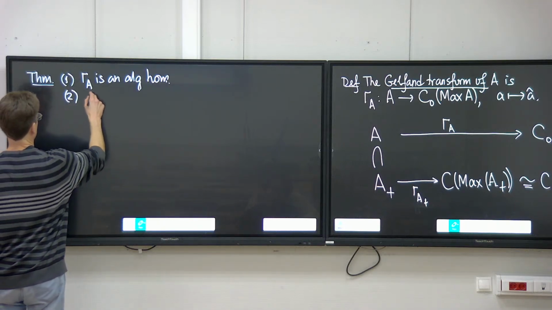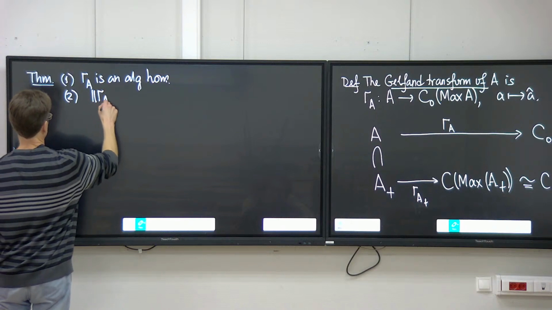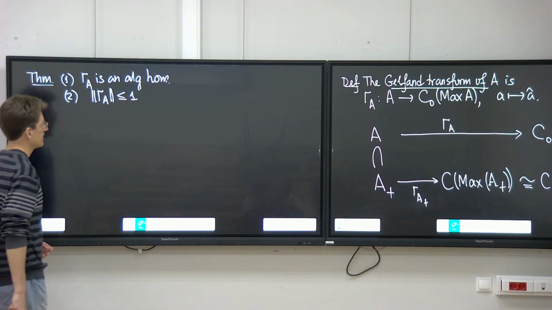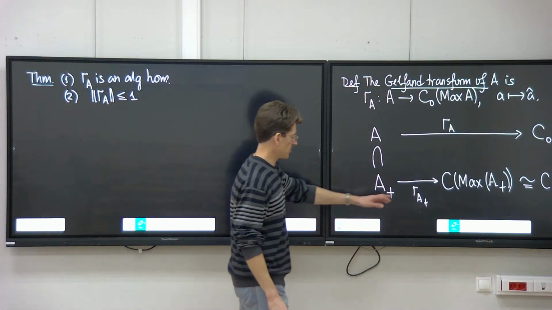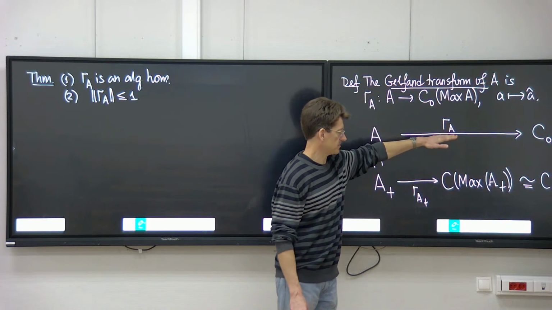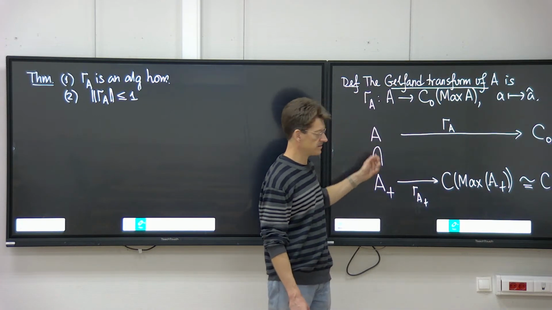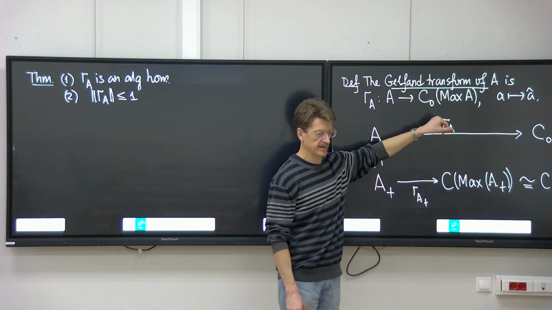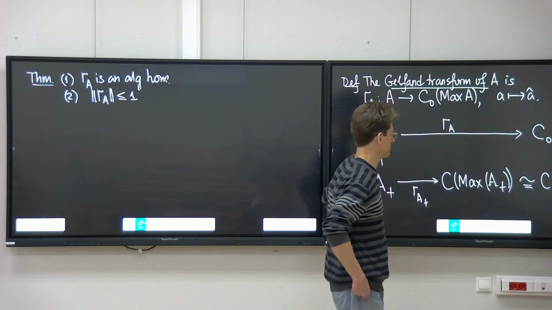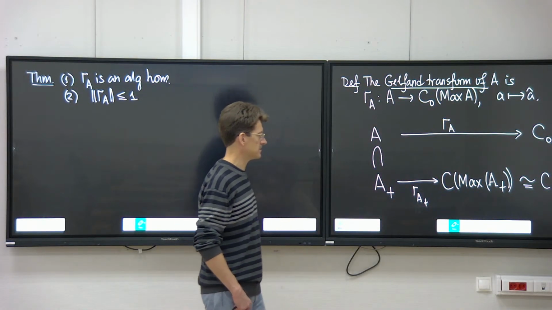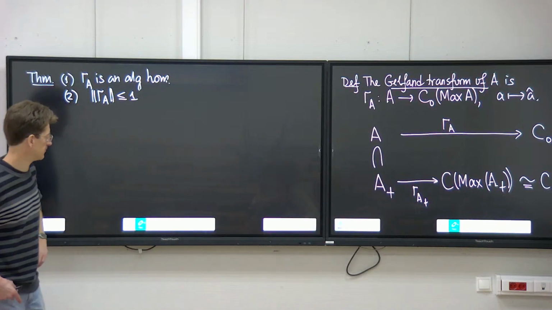Second, the norm of the Gelfand transform of A is less than or equal to 1. Well, indeed, the norm of gamma A plus is exactly 1, and this is the restriction of this map to A. Well, in general, I don't claim that the norm of this restriction is exactly 1. We can produce examples where it is strictly less than 1. But in any case, this norm is less than or equal to 1.